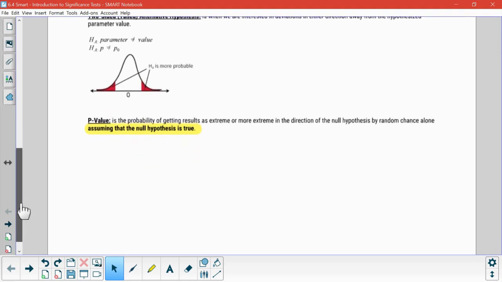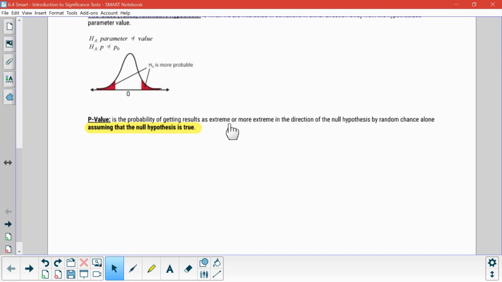Last thing we're going to talk about is what is a p-value. That's the probability of getting results as extreme or more extreme, that's why we have these shaded regions, in the direction of the alternative hypothesis by random chance alone. That's really important. It's us creating sampling distributions and determining the probability of getting these values just randomly, just due to sampling variability.